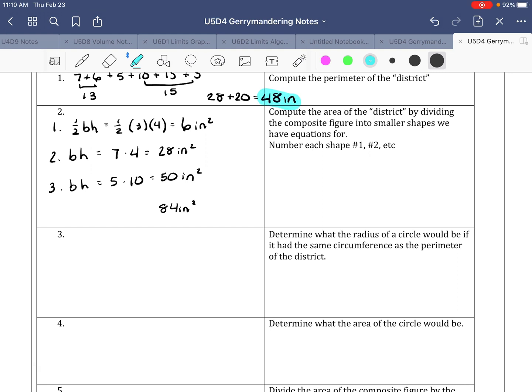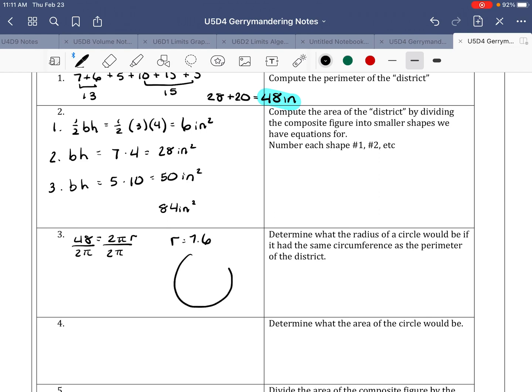My next step, I'm going to take my perimeter and set it equal to my circumference equation. So 48 equals 2 pi r. In order to solve for the radius, I'm going to divide both sides by 2 pi. So I'm going to do 48 divided by 2 pi. I get about 7.6.